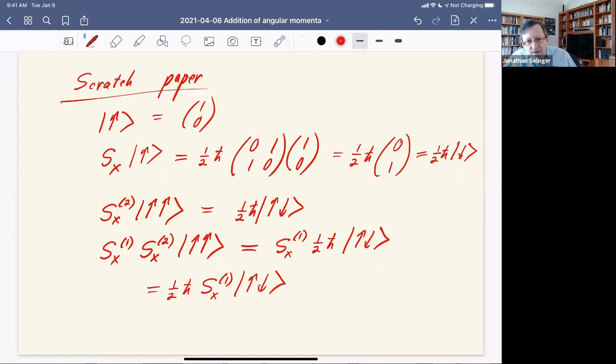So when it finds that the first spin is up, it multiplies the state by 1/2 h bar and flips the up to a down. It doesn't care about the second, so it just leaves it the way it found it. So we have now 1/2 h bar squared times the state down, down.